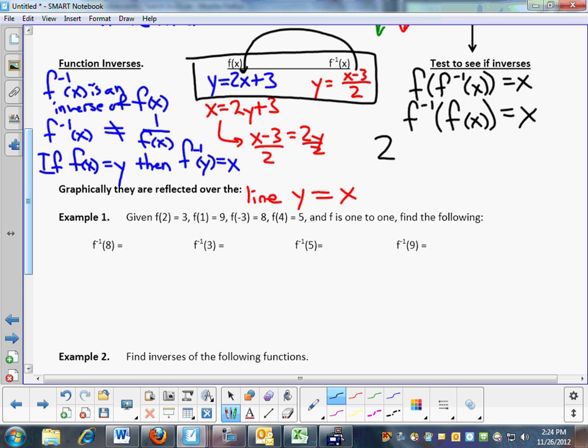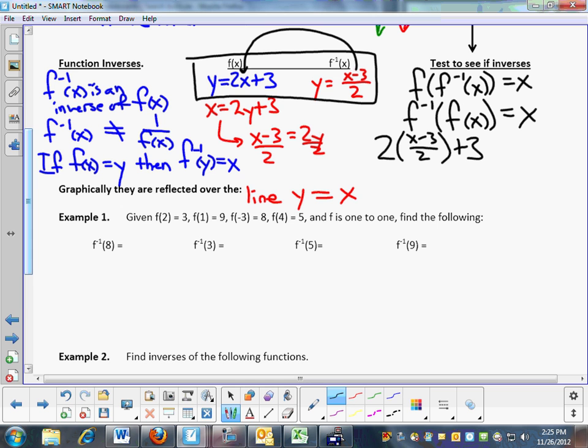So I'm going to try that. I'm going to go 2 times x minus 3 over 2 plus 3. So I'm doing my composition of the function and the inverse, and I'm going to see what I get. Now, what does this simplify to? 2 times x minus 3 over 2. What does that simplify to?